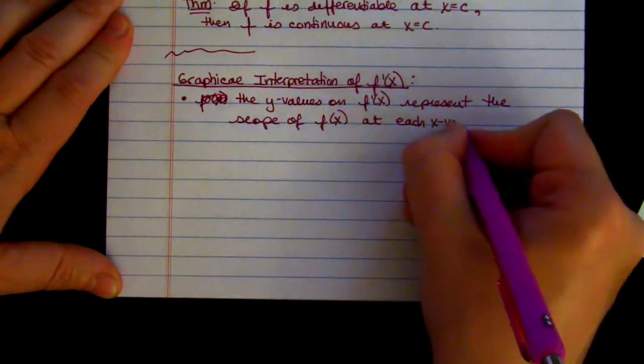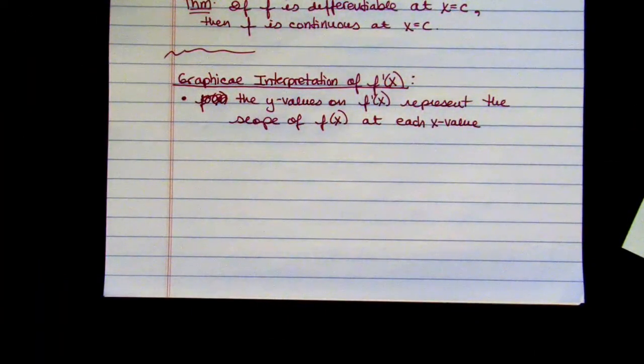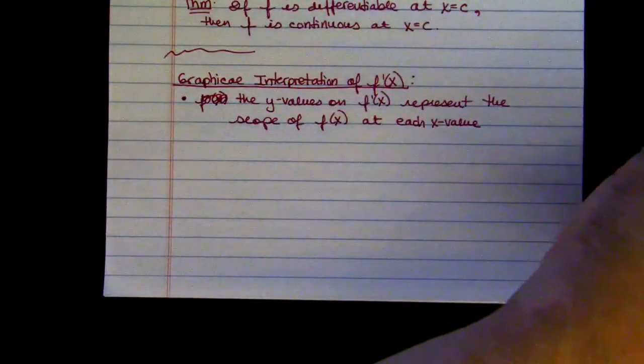I'm not expecting that to have made perfect sense. Just copy it down for right now. The y values on f prime of x are going to represent the slope of our original function f of x at each x value.